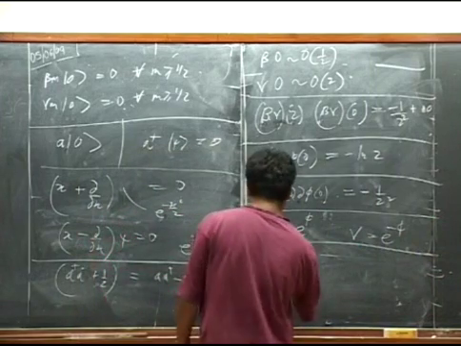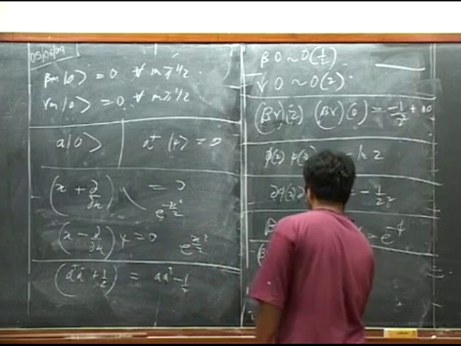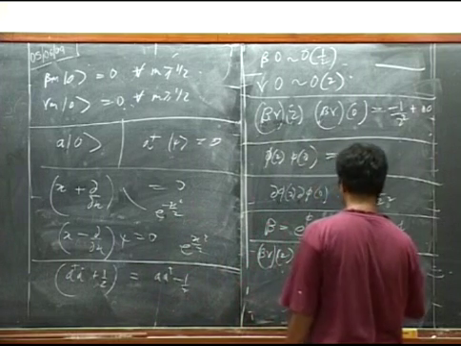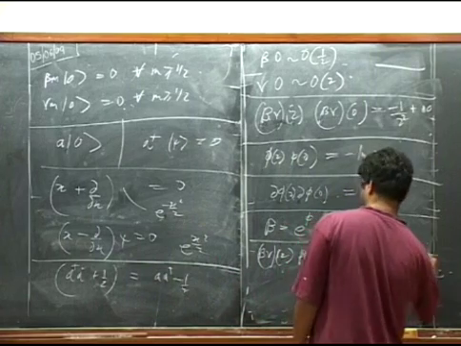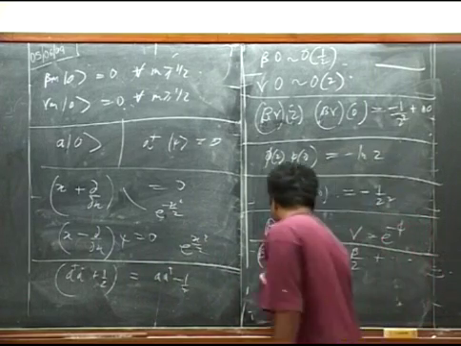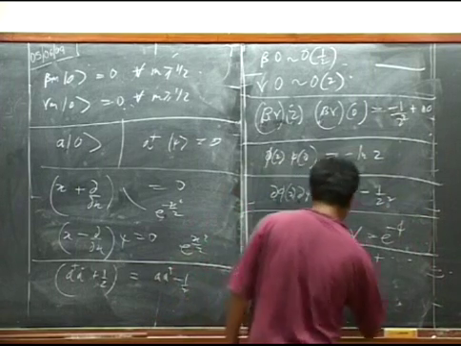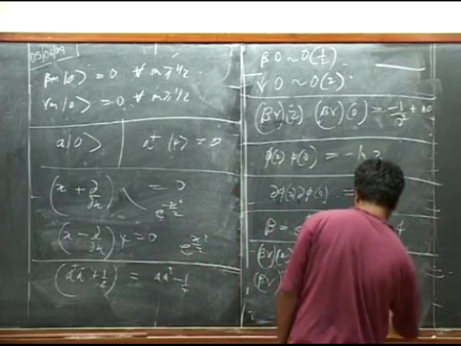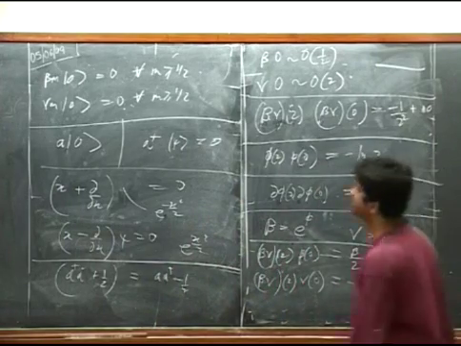So let's check. Beta gamma at z with beta at 0 is equal to beta divided by z plus something. Beta gamma at z with gamma at 0 is equal to minus gamma divided by z plus something.